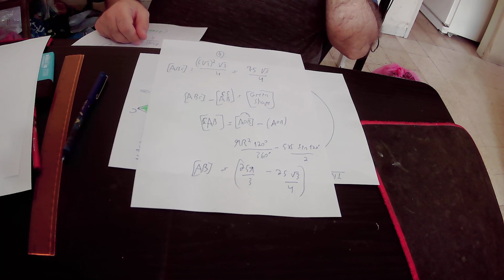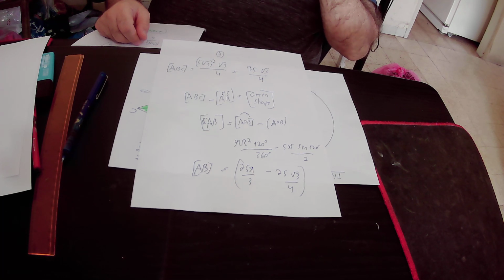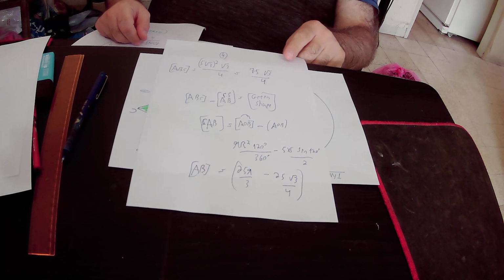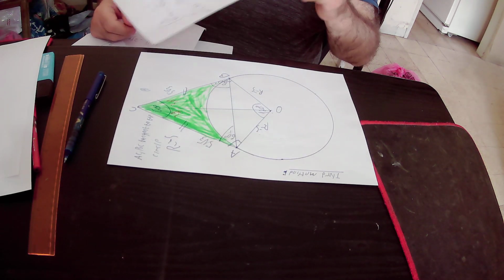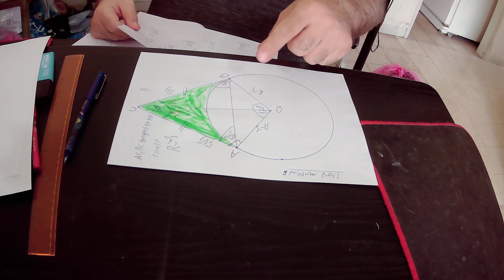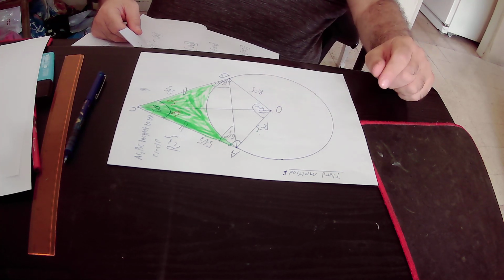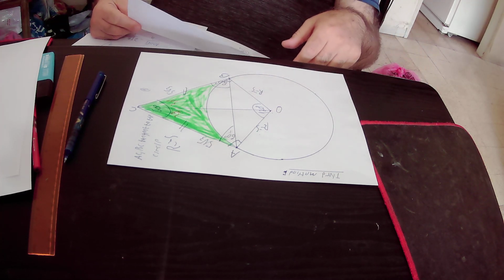Okay, so we found out that the area of triangle ABC equals 75 times root 3 over 4, and the area of triangle ABC minus the area of circular segment AB will be equal to the area of the green shape.